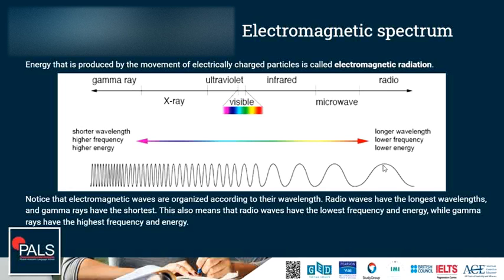The type of wave here are electromagnetic waves, and they're all the same. The only difference is their wavelength and their frequency, and hence their energy. Frequency is directly related to the energy of an electromagnetic wave, or of a wave in general. That means the higher the frequency, the higher the energy of a wave.